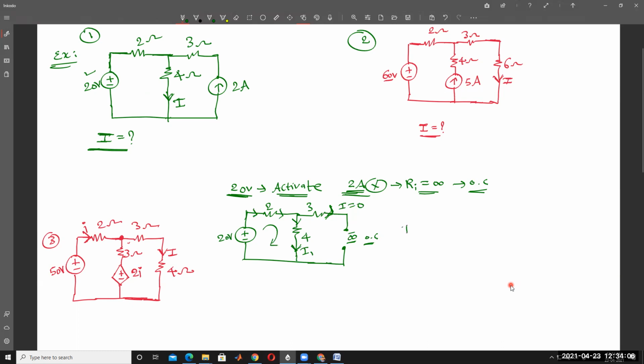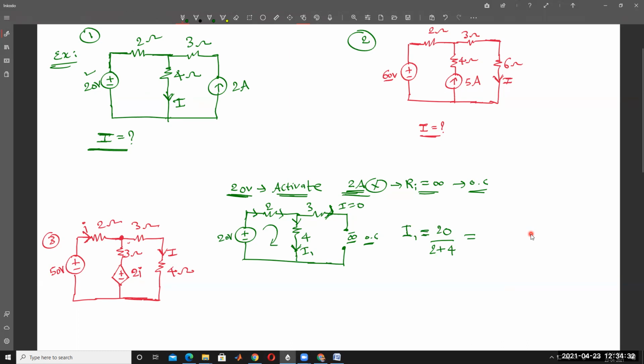Then what is the current I1 here? 20 divided by 2 plus 4, am I right? Don't include this branch because the current flowing in this direction is 0, as it is open circuited. Current flows only if the switch is on.